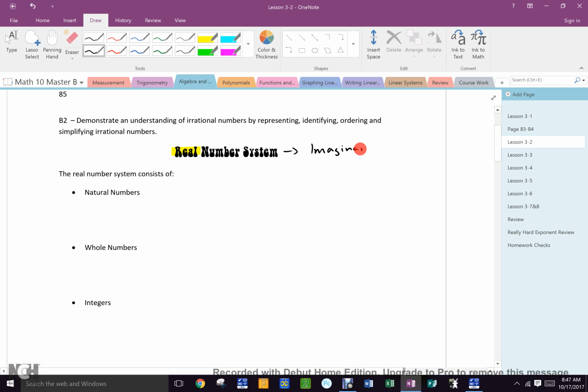You don't need to write that down because you are never going to deal with them unless you take calculus at university. But a lot of kids ask, well, why do we call it the real number system? Why don't we just call it the number system? Well, it's because there's this whole other number system called the imaginary number system. Okay? And those only exist to do math that we can't explain. So let's go ahead and talk about all of these things.